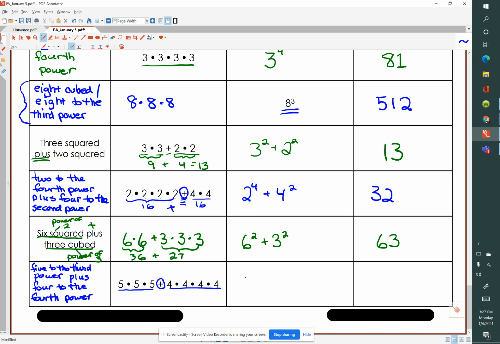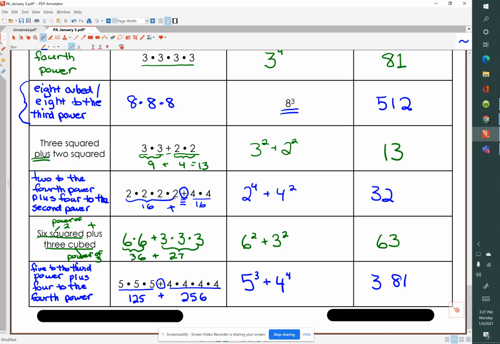So let's write that in exponential form. 5 to the 3rd power plus 4 to the 4th power. So 5 times 5 is 25. 25 times 5 is 125. Plus 4 times 4 times 4 times 4 equals 256. And 125 plus 256 equals 381.